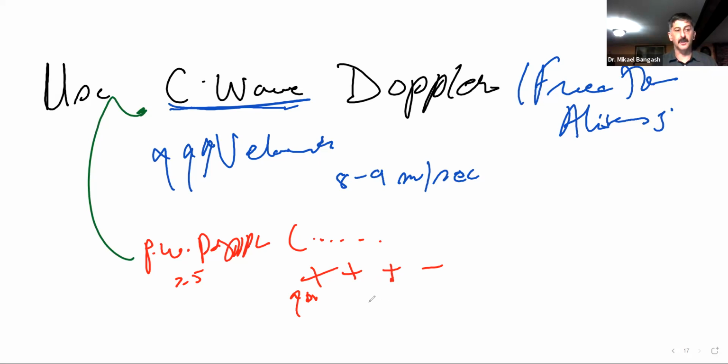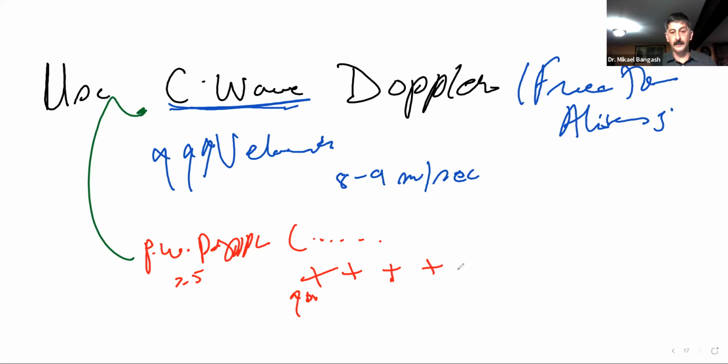That will give us a greater sampling rate, due to a greater PRF from a lower PRP because of a lower depth, for which we send the pulse that is going to record our Doppler shift in the pulsed wave Doppler.